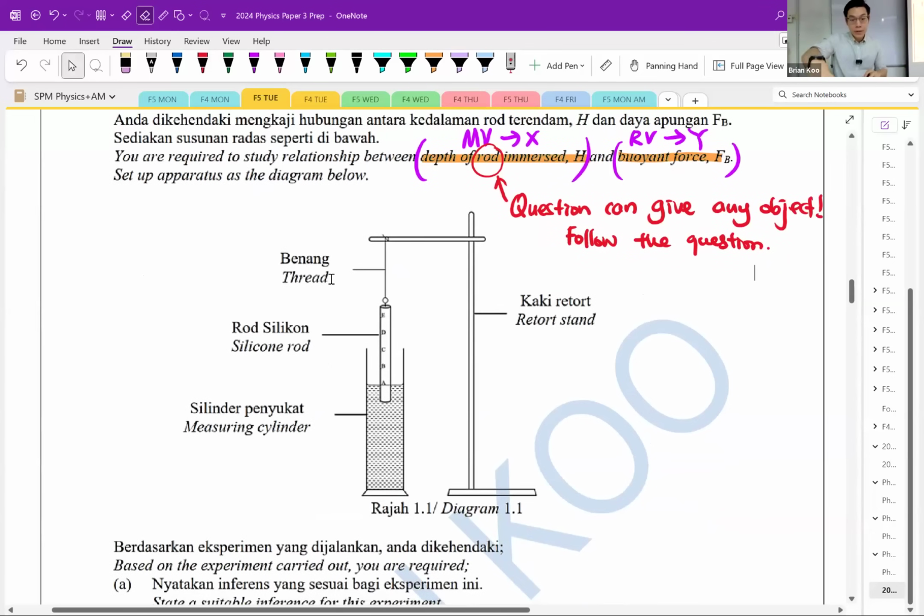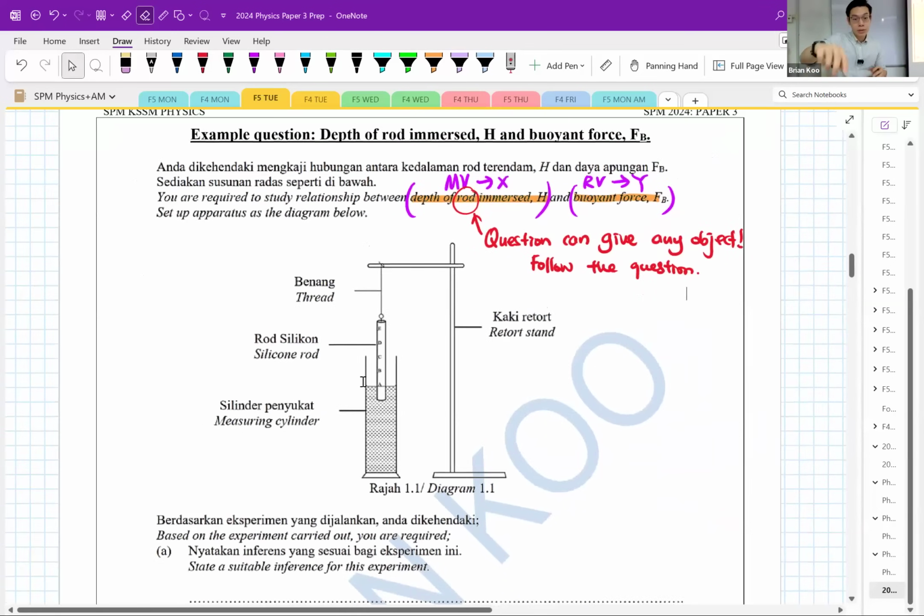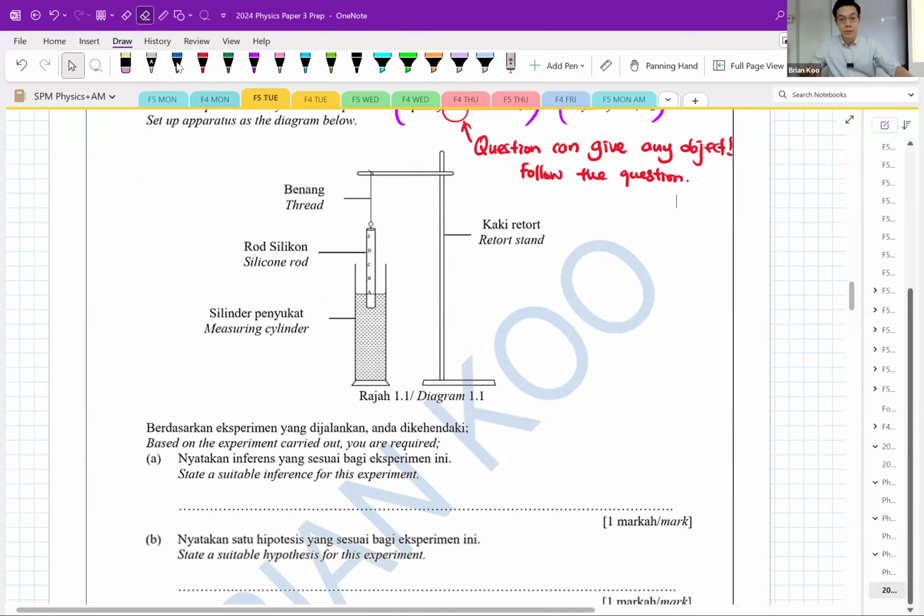Okay. Now let's do the inferences. We go and write. Use the keyword "depends on". You write yourself. What depends on what?